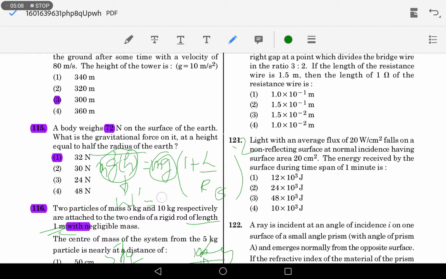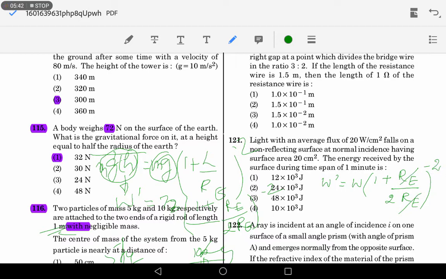The original weight is given as 72 Newton on the surface of Earth, into (1 plus h), height equal to half the radius of the Earth, the whole power minus 2. To be clear, W dash is equal to W into (1 plus height, which is Re by 2, into Re) the whole power minus 2.